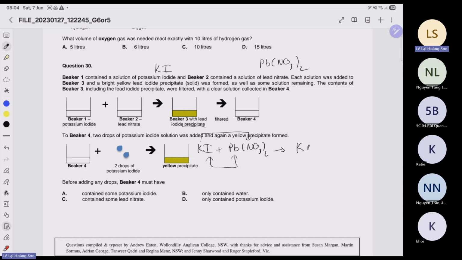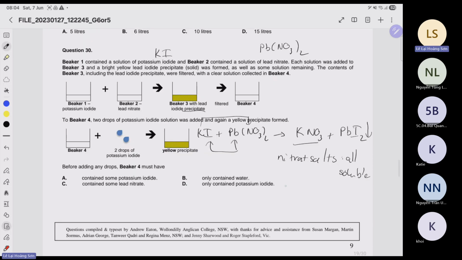So we have KNO3 and PbI2. PbI2 is the precipitate because in the future, you will know that every single nitrate salt is soluble, and every single alkali salt is soluble as well.